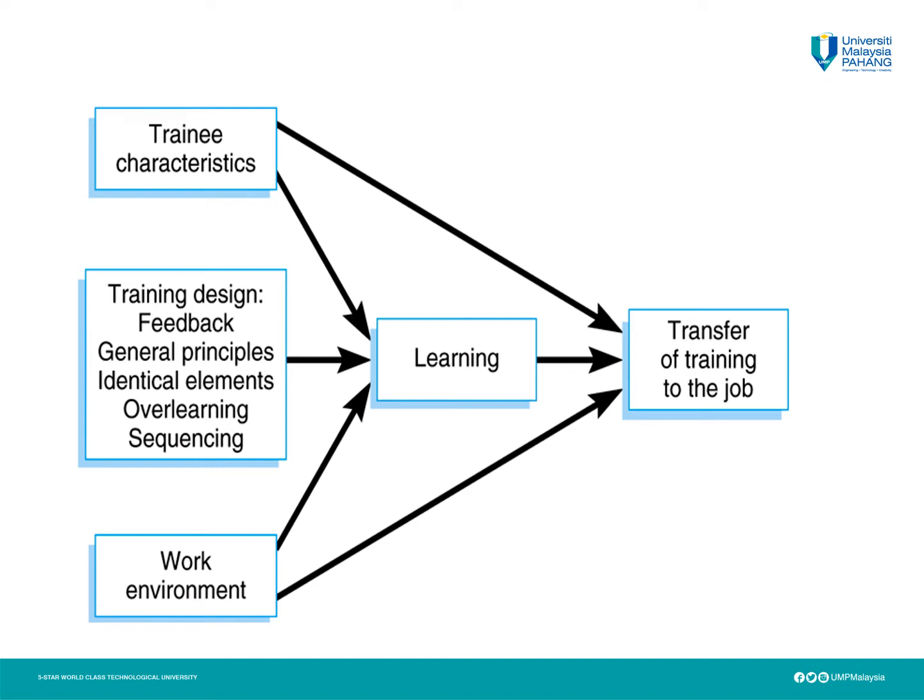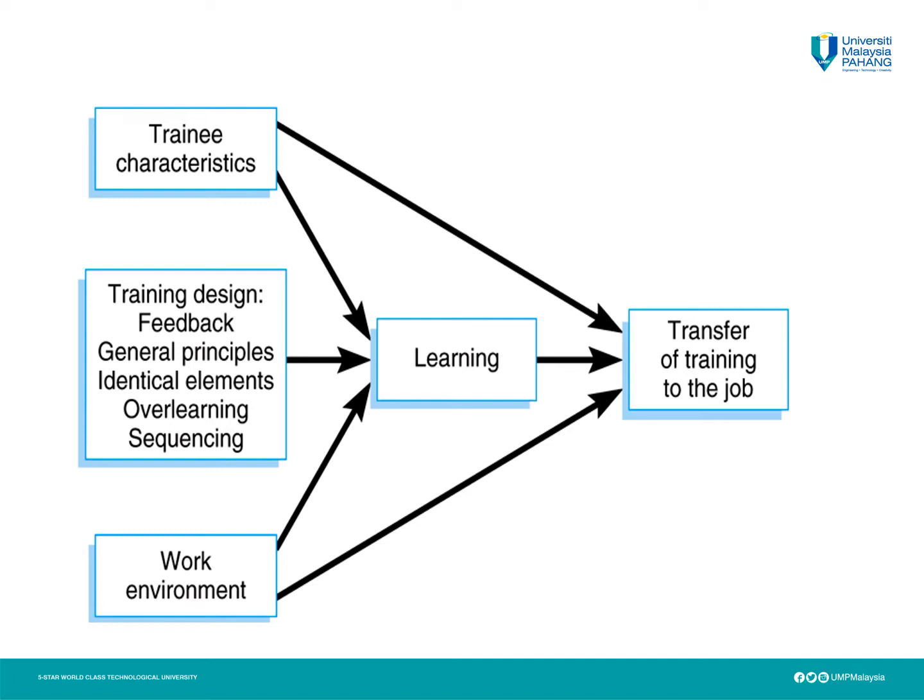So how well does this learning transfer from the training situation to the actual work environment? Because training transfer is influenced by the degree of similarity between the training task and the actual job task, the most useful training programs directly address the actual tasks that are performed on the job.